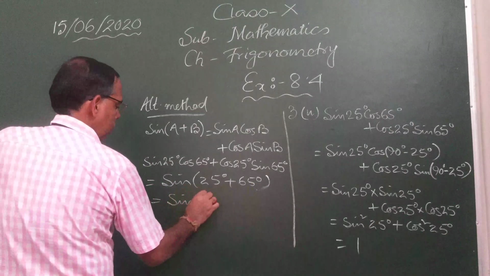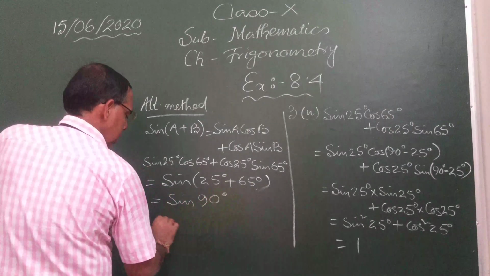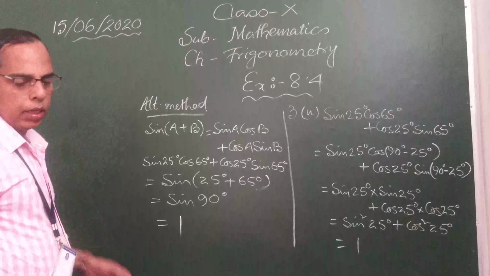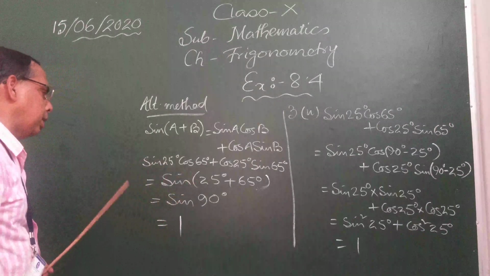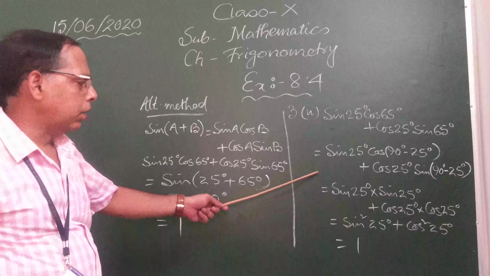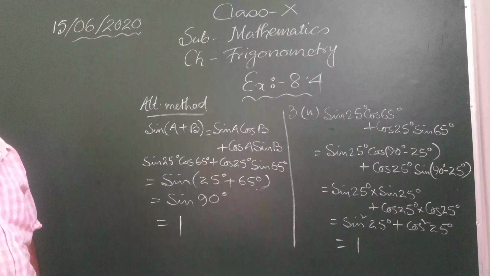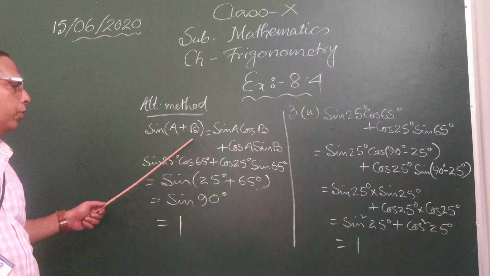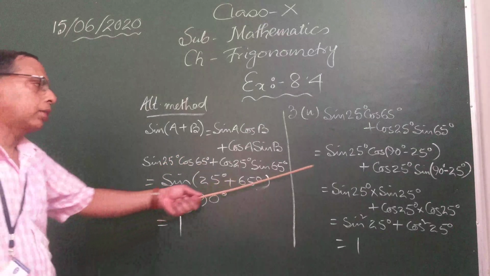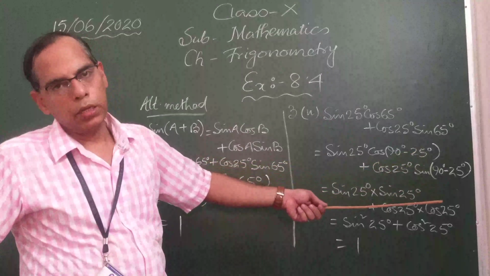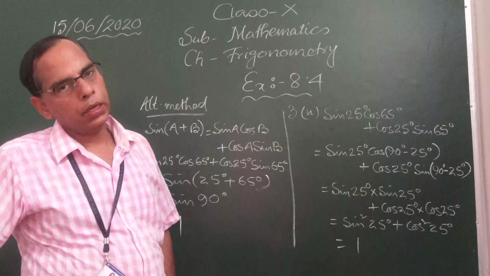What is the value? The sin 90° value is 1. So one thing you see, whether you are doing it by this method or by that method, the number of steps remains the same. So if you remember this one, then that conversion is not there. This is the only thing. Then you can do it directly.